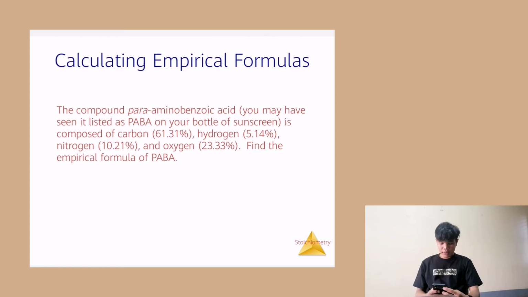The compound para-aminobenzoic acid, you might have seen it as PABA on your bottle of sunscreen, is composed of carbon 61.31%, hydrogen 5.14%, nitrogen 10.21%, and oxygen 23.33%. Find the empirical formula of PABA.